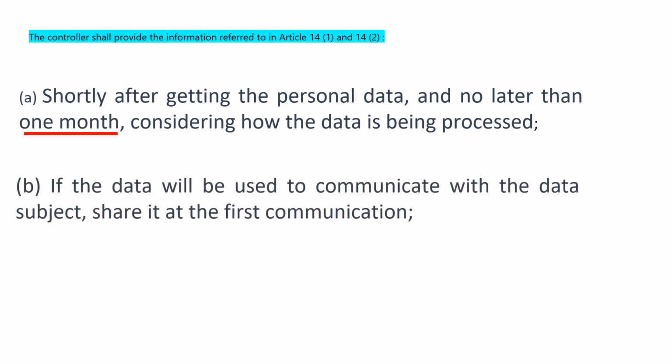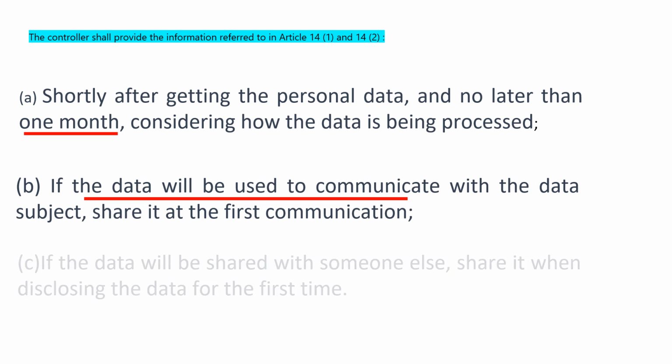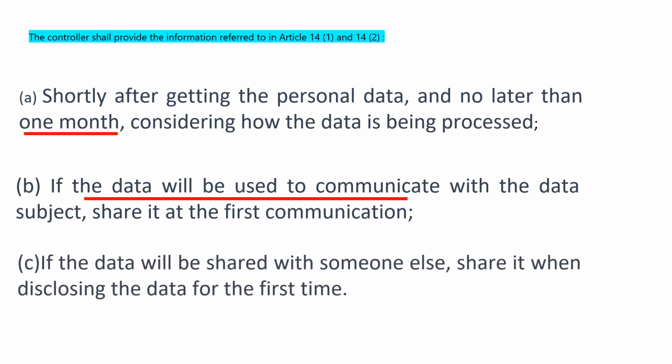In case the data will be used to communicate with the data subject, this information should be shared at the very first communication. In case data will be shared with some third party, then this information should be shared with the data subject before disclosing the data to the third party.